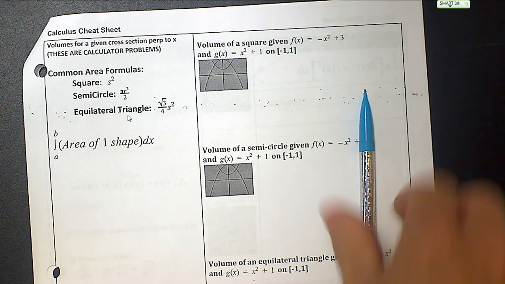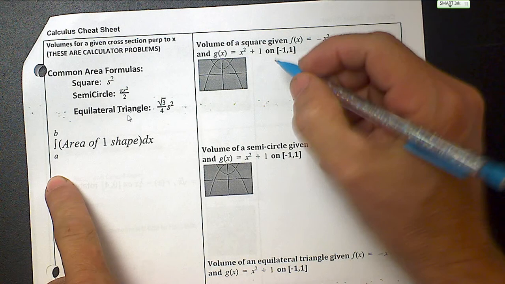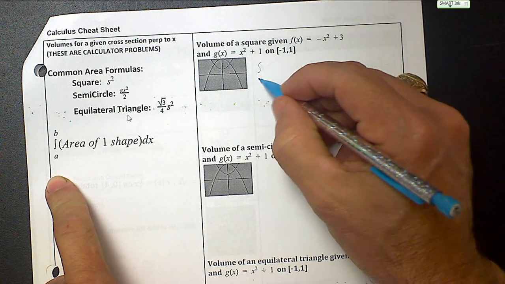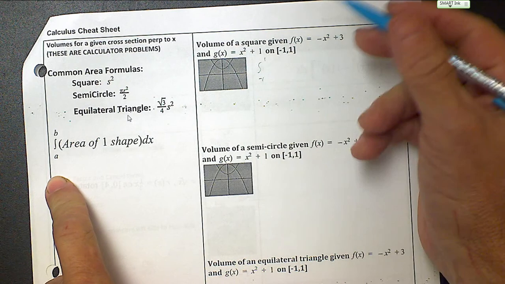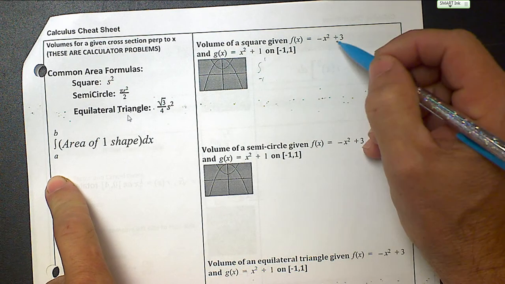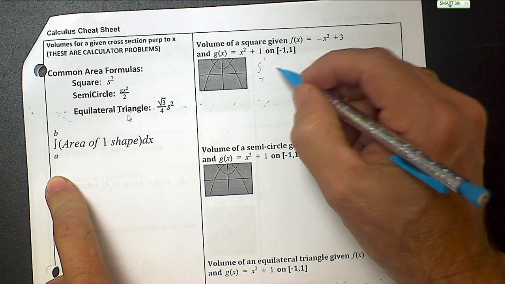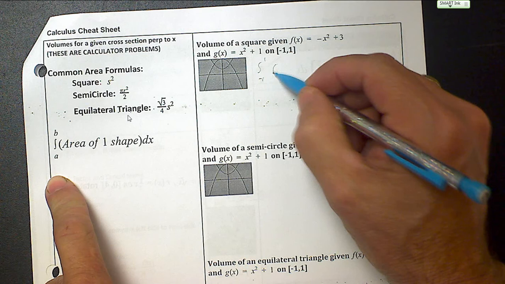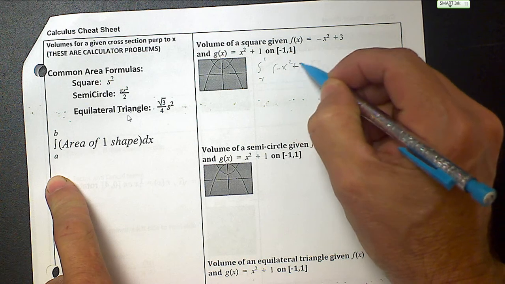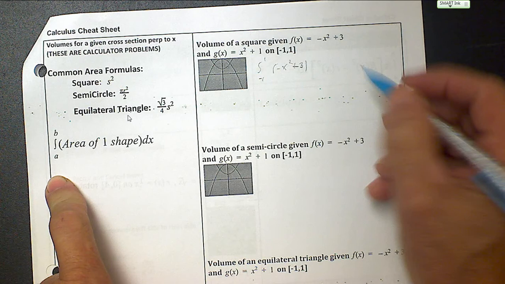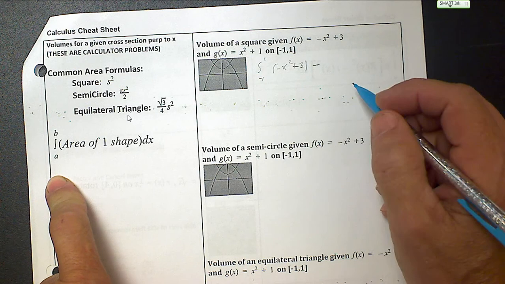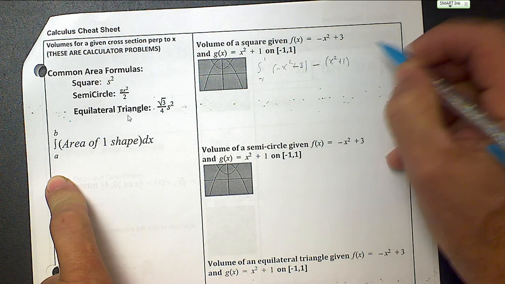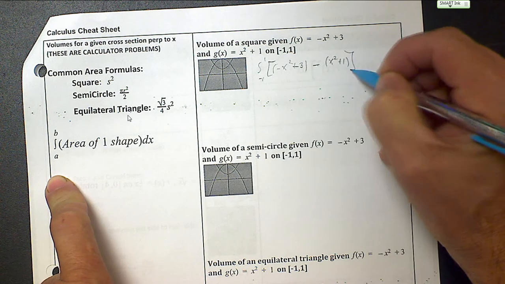So it's going to be the integral from a to b. So the integral from -1 to 1 of the top equation minus the bottom equation. In this case, f is the top one. So of negative x squared plus 3 minus the bottom equation, x squared plus 1, dx.